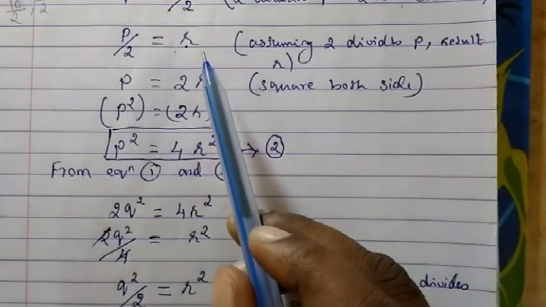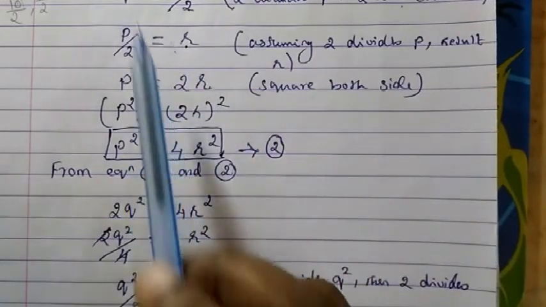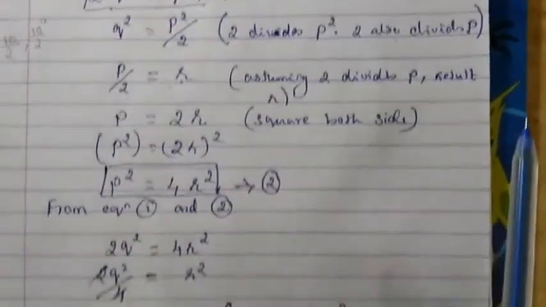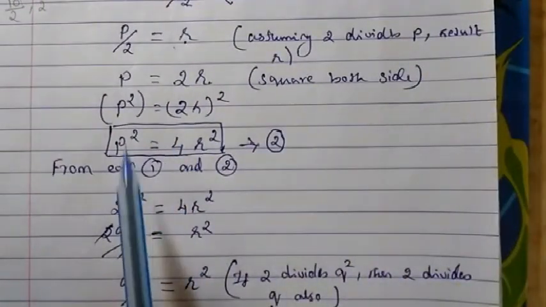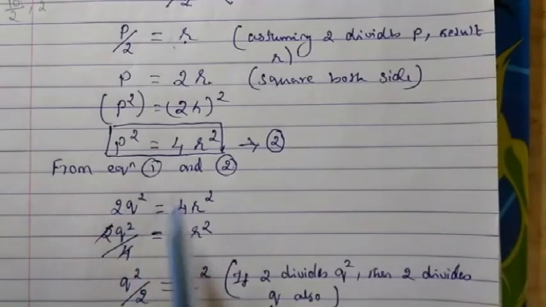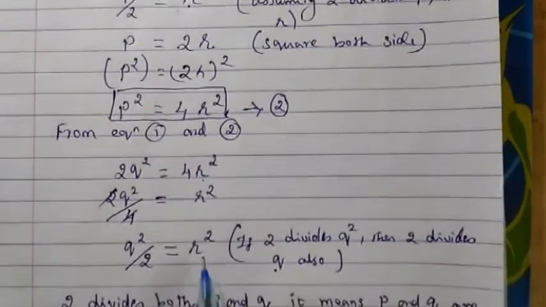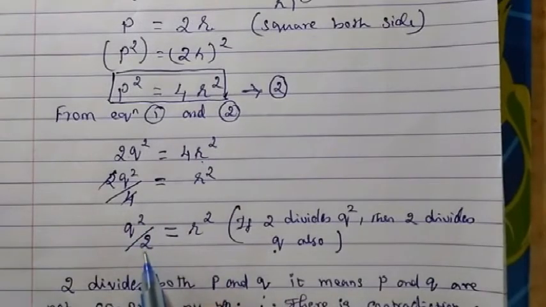From equation 1, in the place of P square we replace 2Q square, and 4R square we write as it is. Then when you calculate, we get Q square upon 2 equal to R square, which means 2 is dividing Q square. So 2 also divides Q.